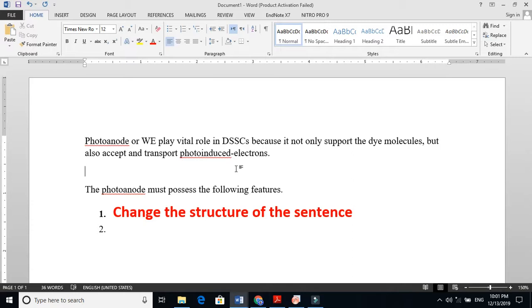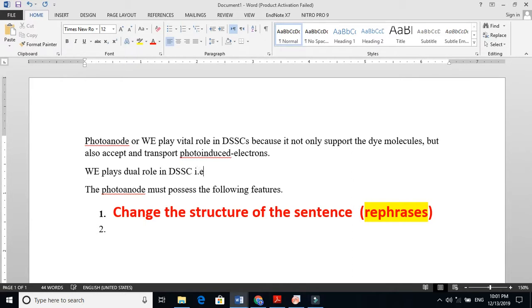So you see, this is called changing the structure, and you can also call this rephrasing this sentence. Very nice. This is what we call rephrase. You write in your own words. So I can easily write here, working electrode plays dual role in dye-sensitized solar cell.